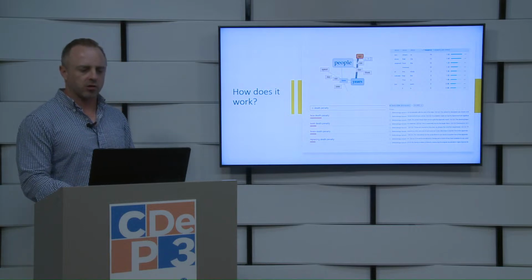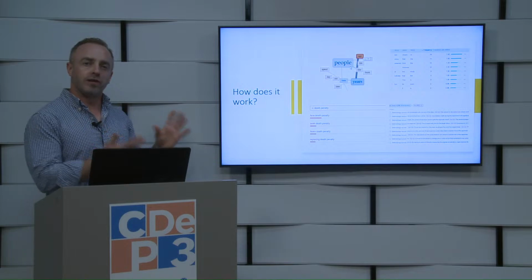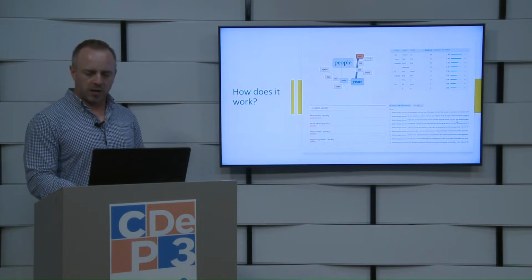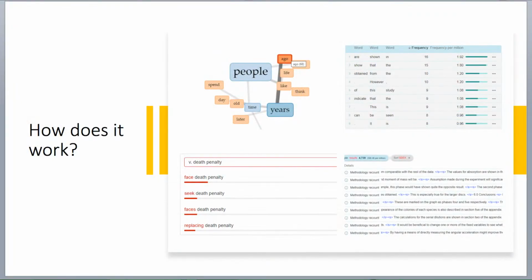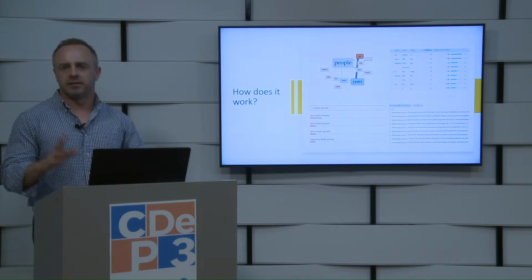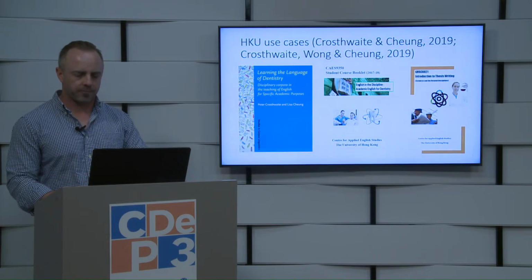Increasingly, modern corpus tools allow for new visualizations of language data for people for whom concordances might be a little difficult to understand, and we can manipulate this data, we can click it, we can go further, we can bring it out, we can drag it back. And all of this playing around with the data, looking at the language, coming to your own conclusions about some of the questions you might have, this is called data-driven learning.